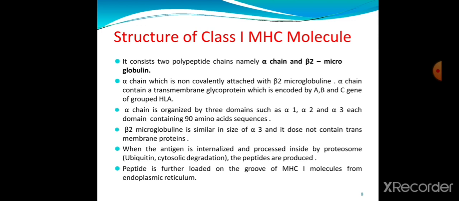Next point, beta 2 microglobulin is similar in size to alpha 3 and does not contain a transmembrane segment. When the antigen is internalized and processed inside by proteasomes, peptides are produced. The peptides are further loaded onto MHC class 1 molecules from the endoplasmic reticulum.